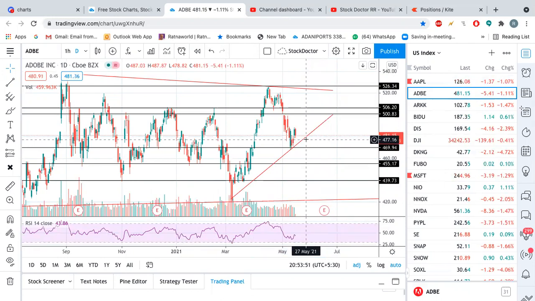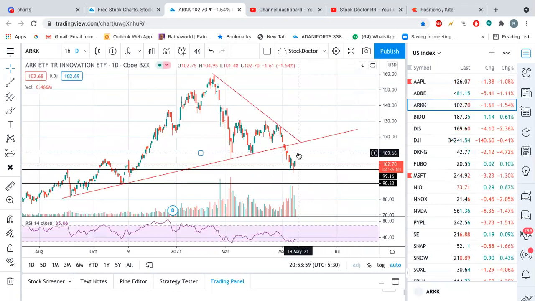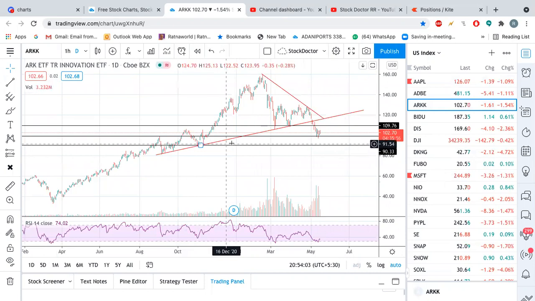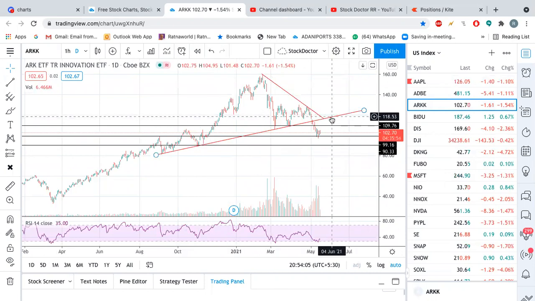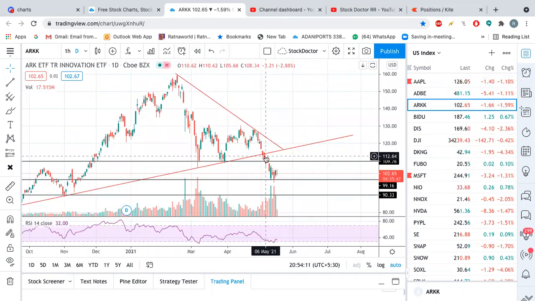The next stock we are going to talk about is ARKK. Just a moment. For ARKK, you can see here, it broke the long-term support trend line a few days back. This was the long-term support trend line. It got broken.